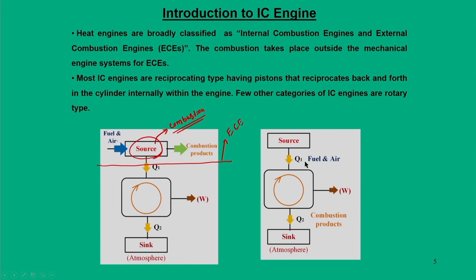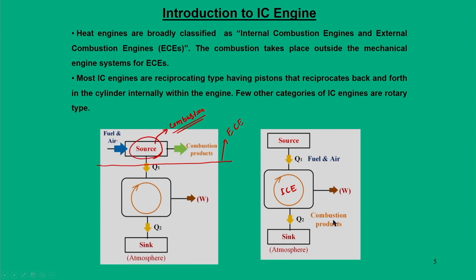So, that we view in this Carnot cycle in this format, where heat is added to the engine. So, we say IC engine, in the form of fuel and air, and after the combustion within the engine we get shaft output in the form of work, and the rest of the combustion products go out to the sink, and this is the atmosphere.